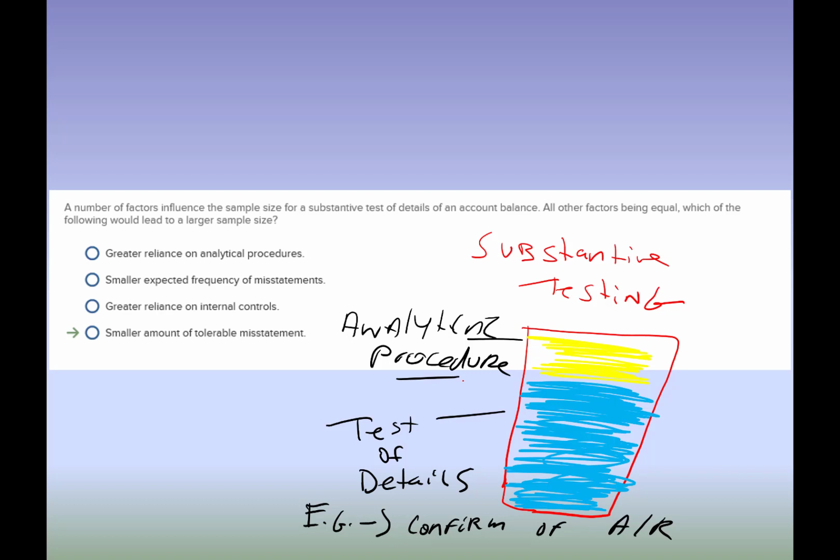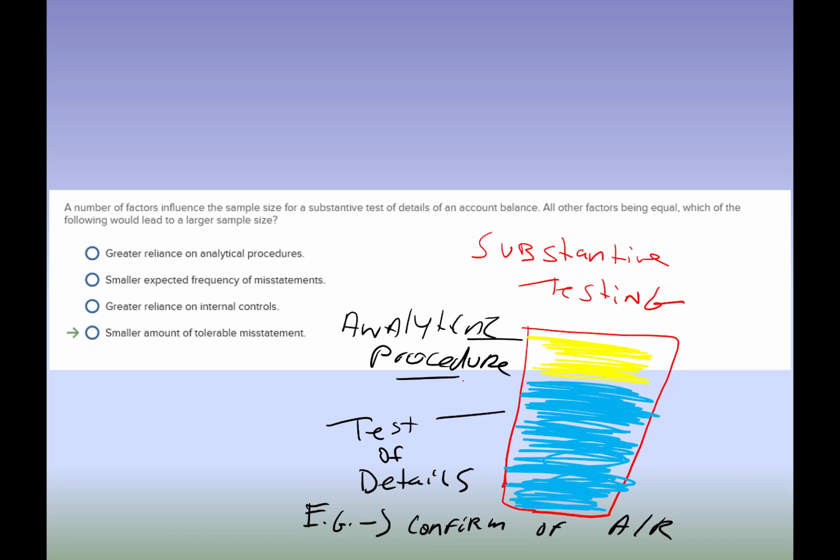If not, we're going to dig down deeper and look more into that particular account balance until we find the answer. I think that also gives an example of the procedure, like a substantive test of the laundromat, the water bill versus how many gallons of water they use versus the washing machine revenue.